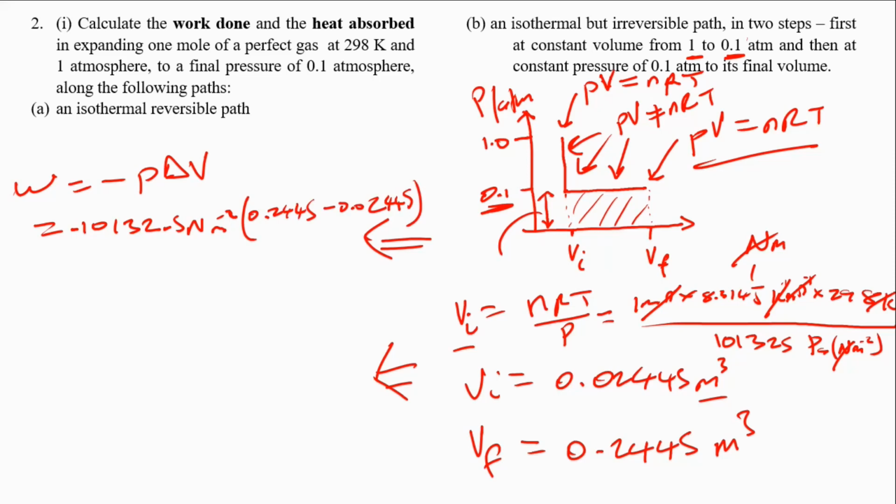That's 0.22, and that's meters cubed. Okay, that is what we have. And so I think our answer should work out to be about 2,200 and about 29. Reciprocal meter squared cancels this one. You end up with newton meter, which is the same thing as joules.